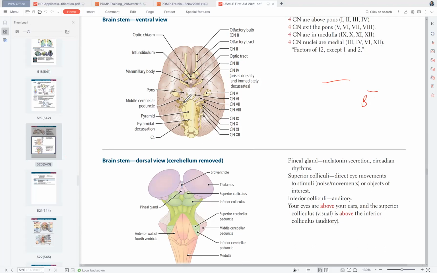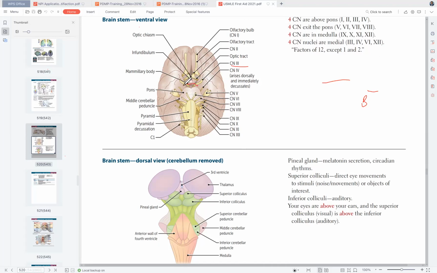So now, what you want to know is that, starting from cranial nerve 3, 3 and 4 are from the midbrain. If you look here, you can see cranial nerve 3. This is it, and the midbrain is here.